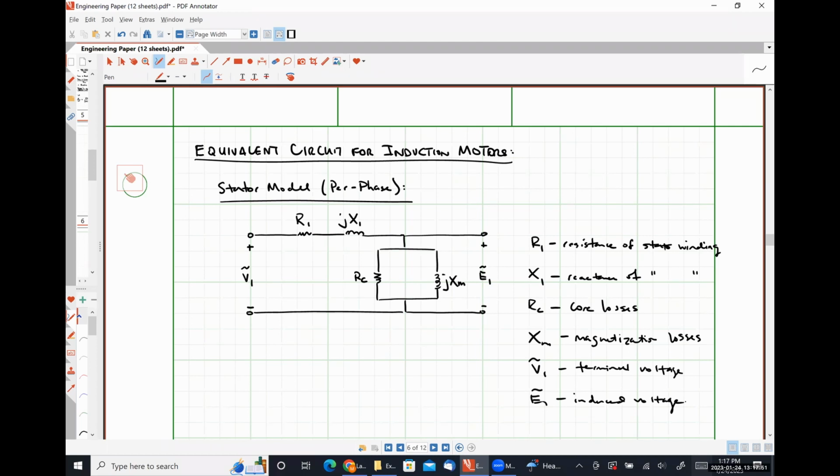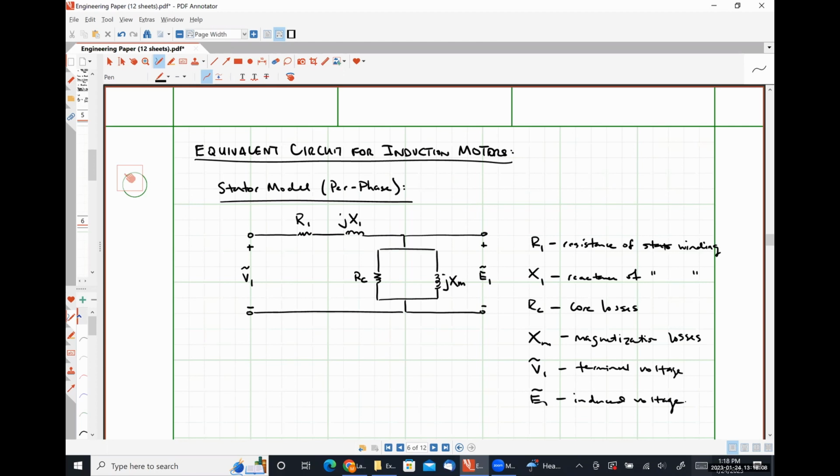Our core resistance, this again just represents eddy current and hysteresis losses in our medium, so that's going to be effectively the same thing. Our air gap magnetization, XM, that's actually going to be smaller, okay?